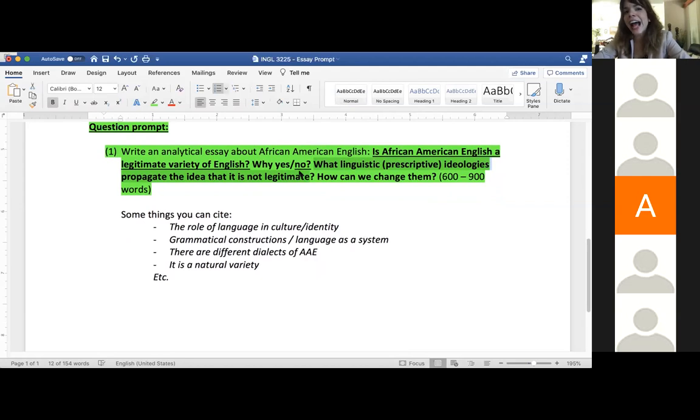Language ideologies at the end of the day are actually ideologies about the people who speak that way. Okay, so you can talk about prescriptivism. We spoke about that at the beginning of class. So what ideologies, how can we change these ideologies? This could be a little bit for the conclusion. How can we change that?